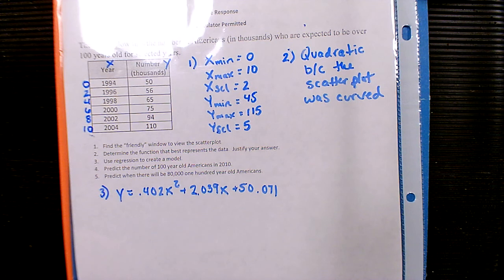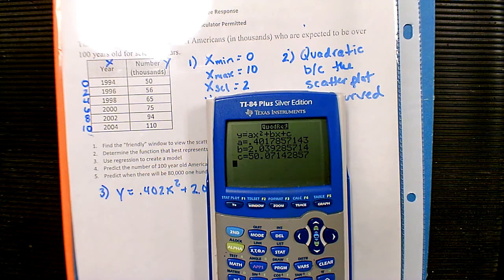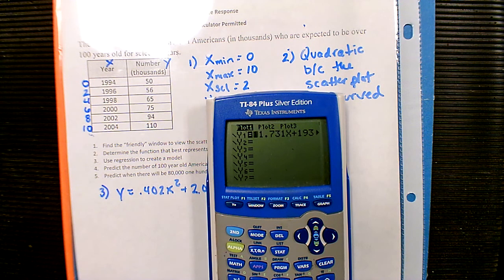All right, so now that we have this equation, let's see how accurate or how good it actually is. Let's see how close it can get to some of those data points. Let's go to y equals.